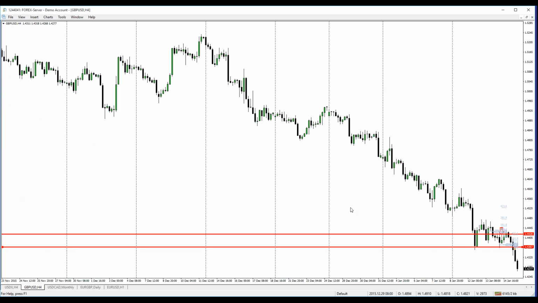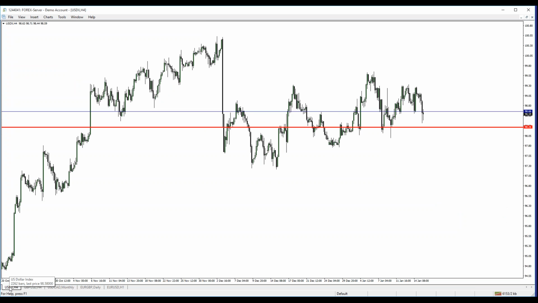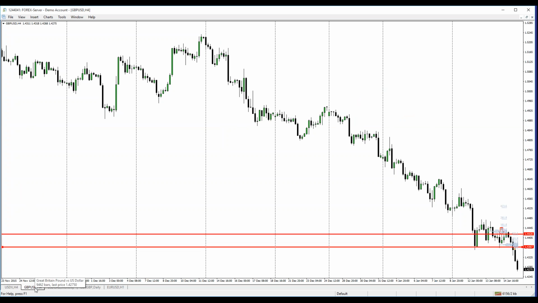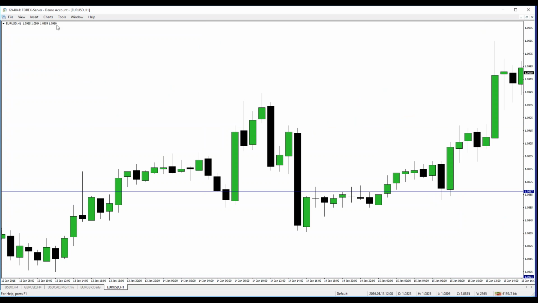Looking at it, it's got a lot more freedom to move lower in a trending environment, whereas the dollar is in a holding pattern and still stuck in its range. See that? The dollar is going sideways, while the cable has freedom to go lower in a trending move. Now, for the euro, let's go over to a 4-hour chart.